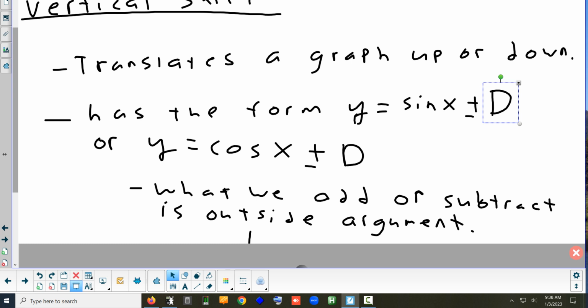The only way something can be a shift left and right is if the letter and the number are grouped together in parentheses. That's the only way it can be a left and a right. If it's not grouped exactly like what I just said, it's an up and a down.